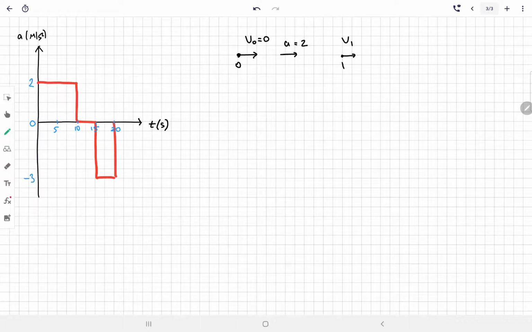So first question was find speed at 10 seconds. Basically we should find velocity at point 1 because our point 1 is after exactly 10 seconds.